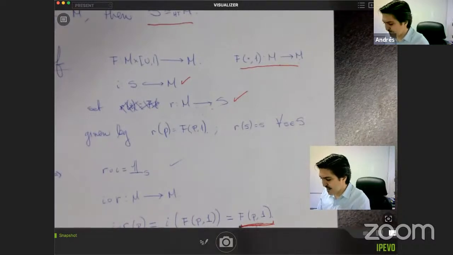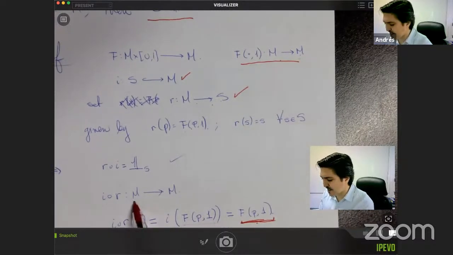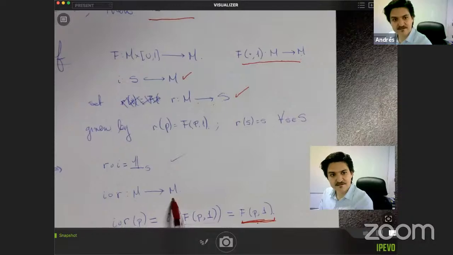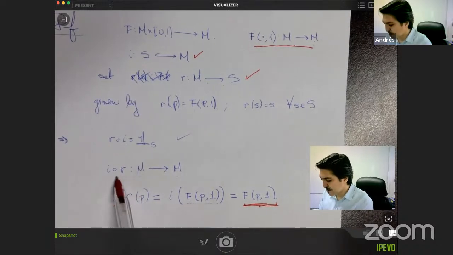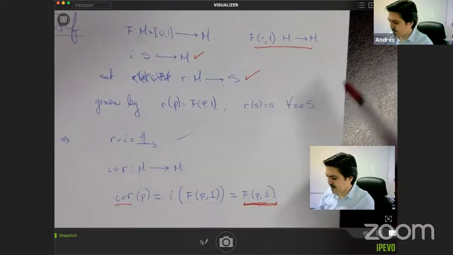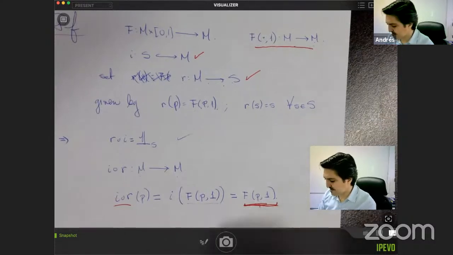So this map, which is equal to this one, is a map from M to M. It's a map from M to M, and is equal to this one. So this map is precisely this one here. That's what I'm saying.